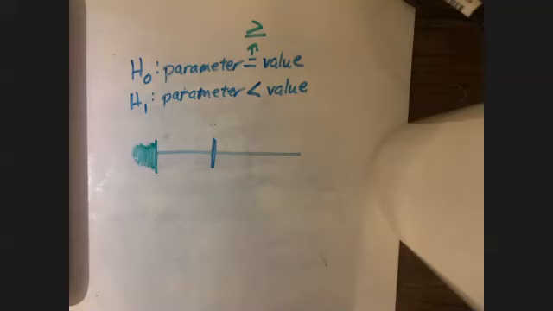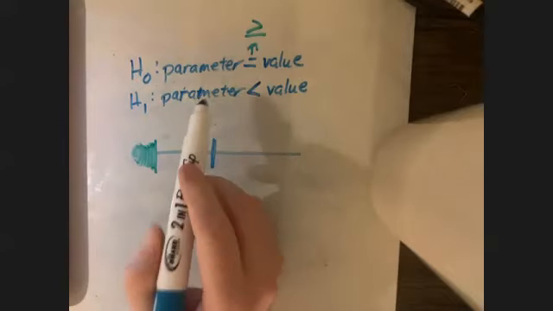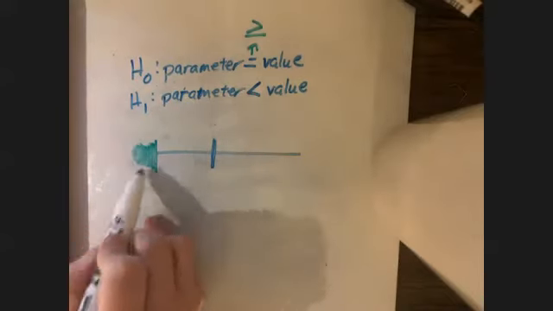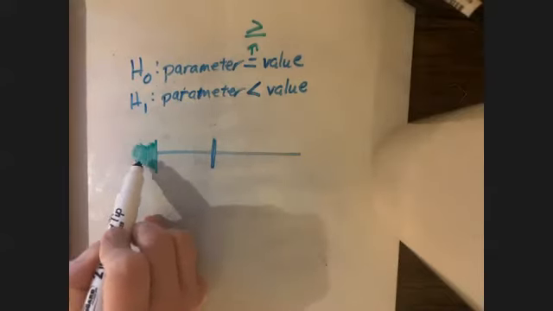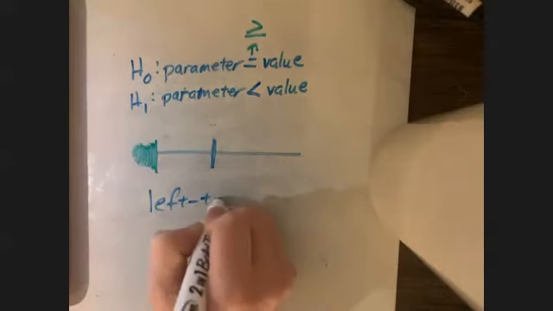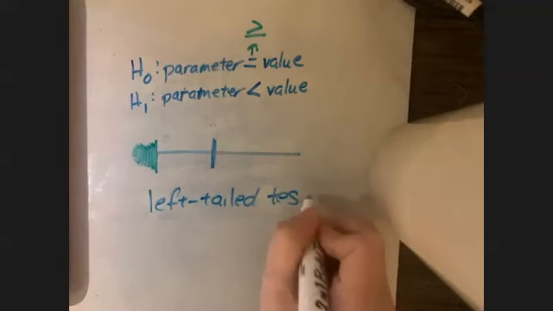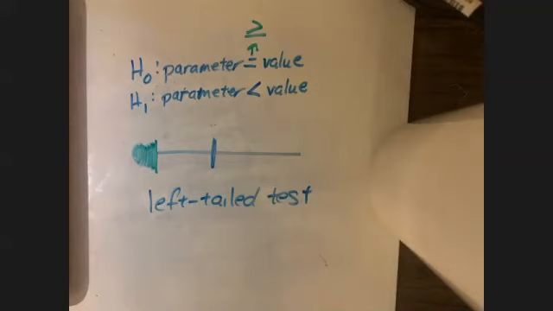So if I can bring enough evidence to show that it is lower than that $2.15 price, then I've met the qualifications for this H1, okay? Now, because of where this shaded region is, it is on the left-hand side. This is called a left-tailed test, okay?